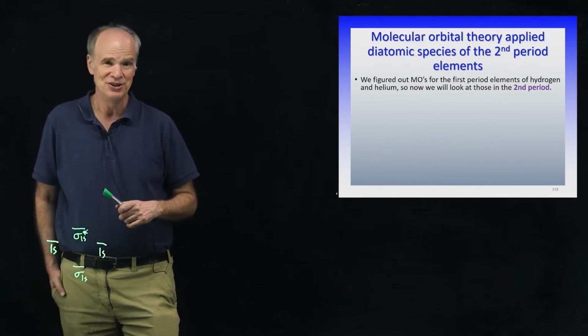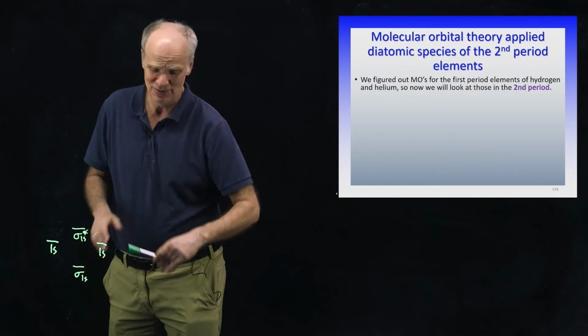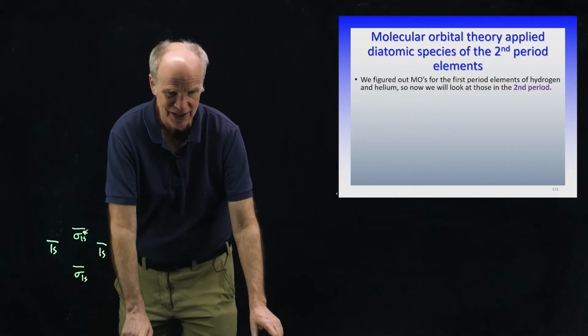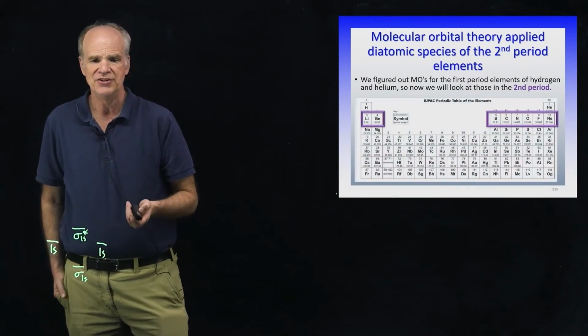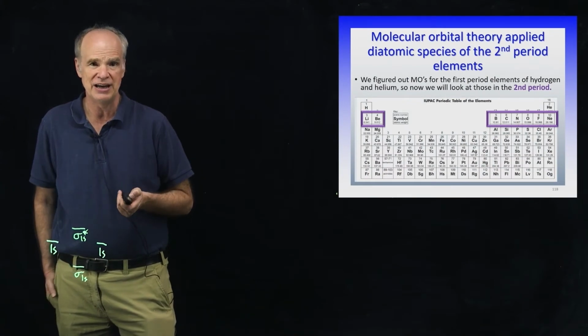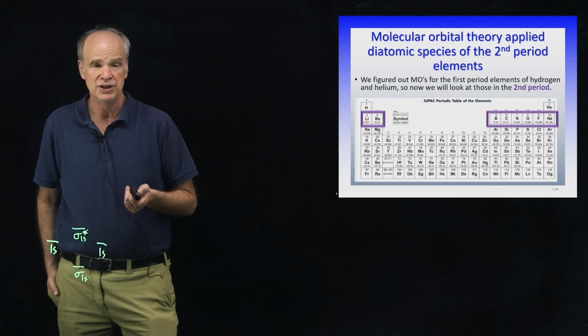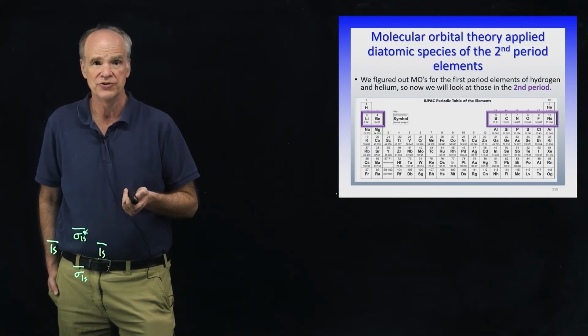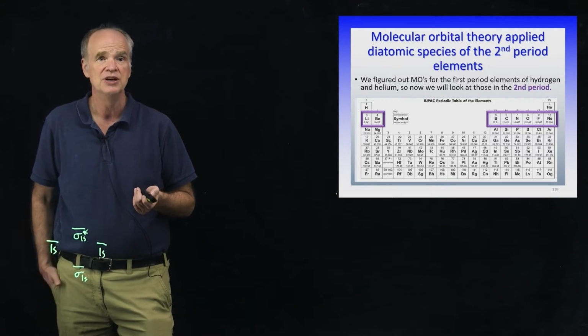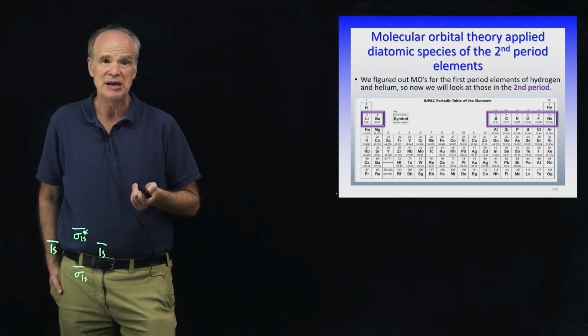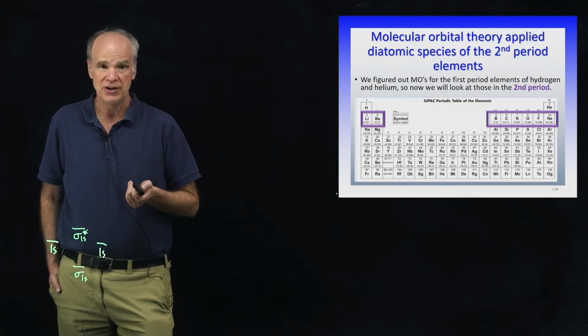Okay, now we go into the second period of elements, and it gets a little bit more complicated, unfortunately. We have figured out how to make molecular orbitals for hydrogen and helium when these elements bind together to form diatomic molecules, H2 and He2. Now you're going to have to do the same thing for elements of the second period.